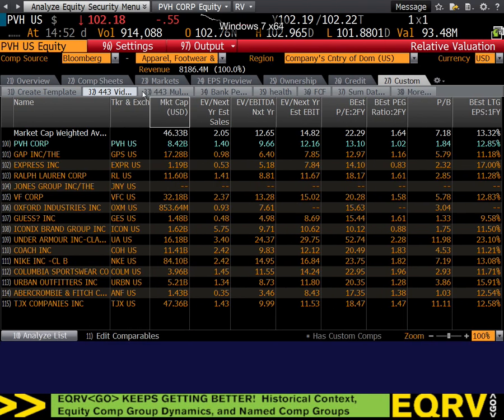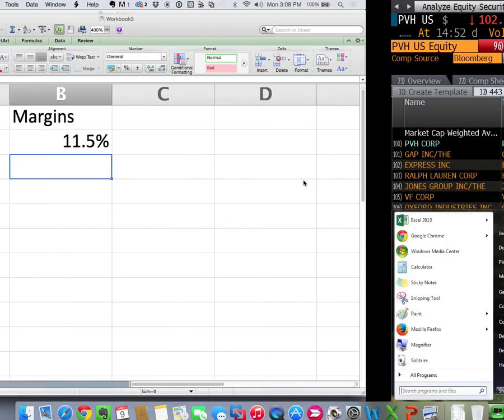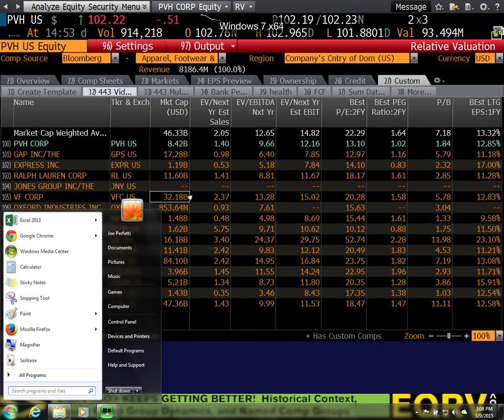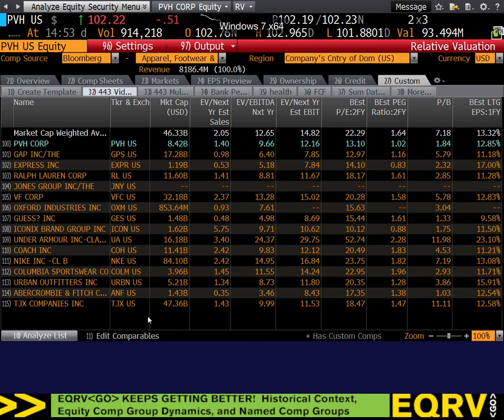Ralph Lauren, 1.41, 11.67. The market is expecting a 12% margin from Ralph Lauren. L Brands. And this list, edit.